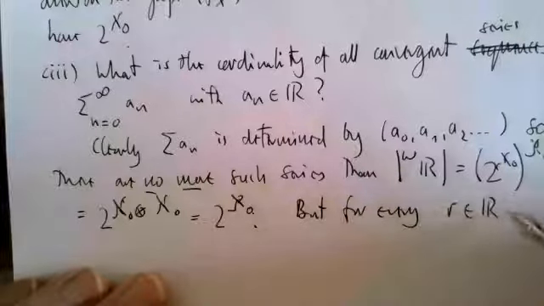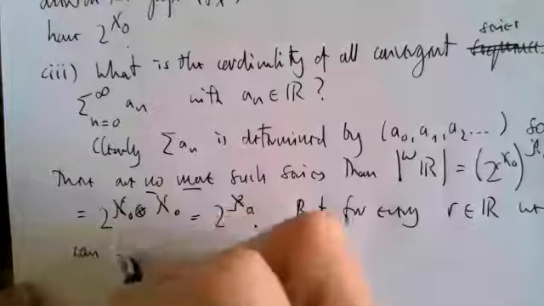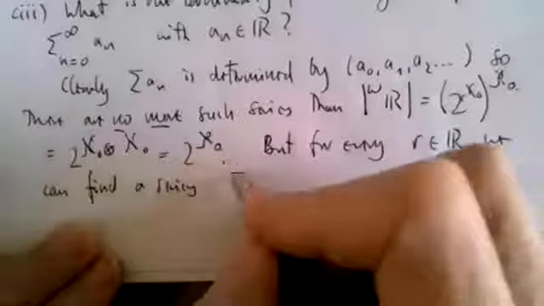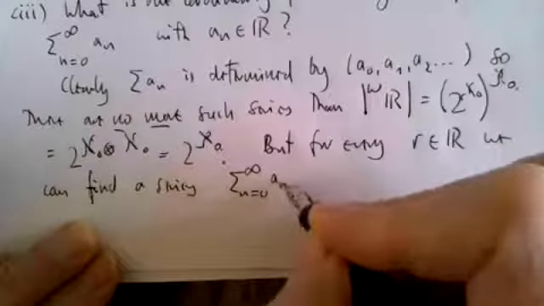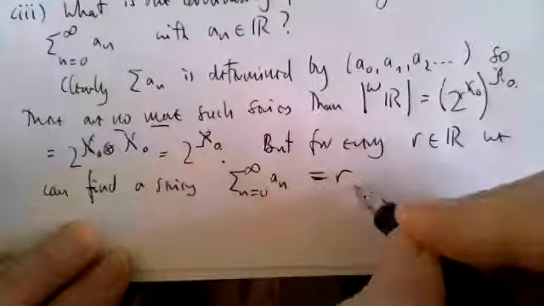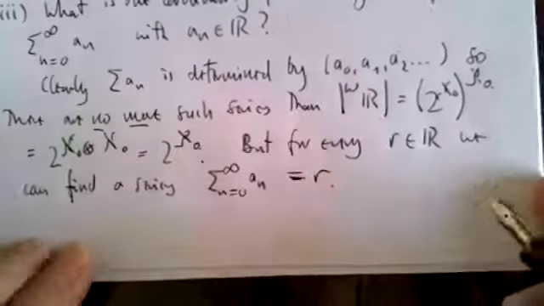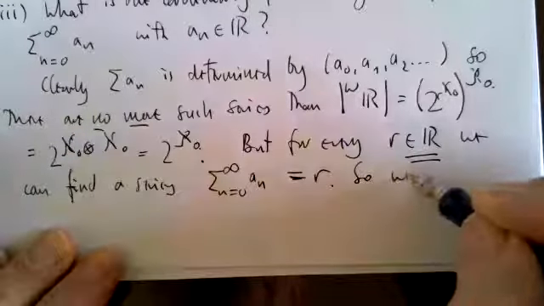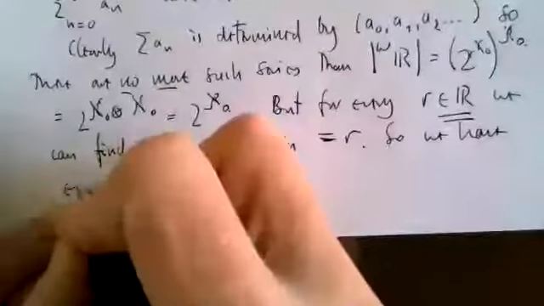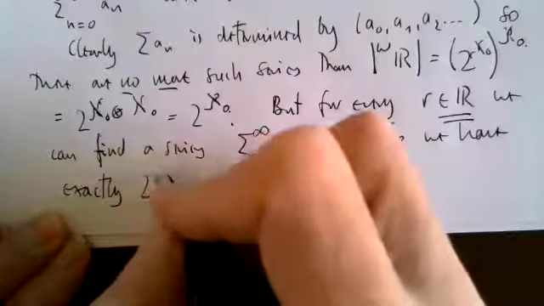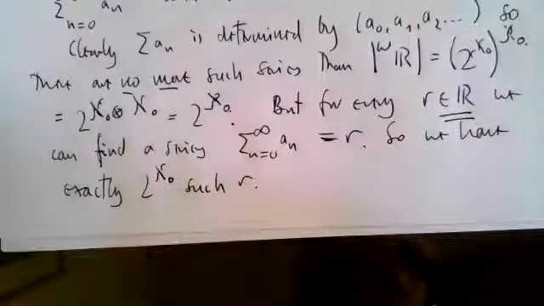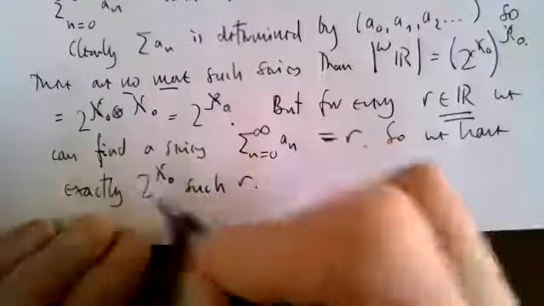Okay, but for every real in R, it's just a piece of analysis, we can find a series AN whose sum is R. And there are 2 to the Aleph 0 such R. So 2 to the Aleph 0 is a lower bound.